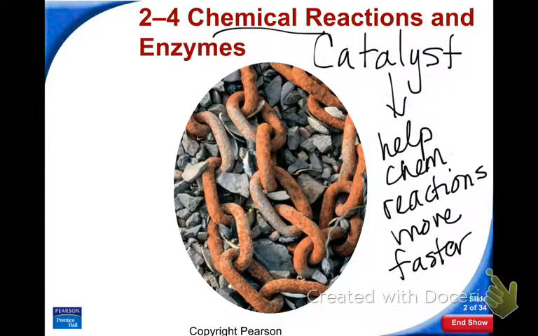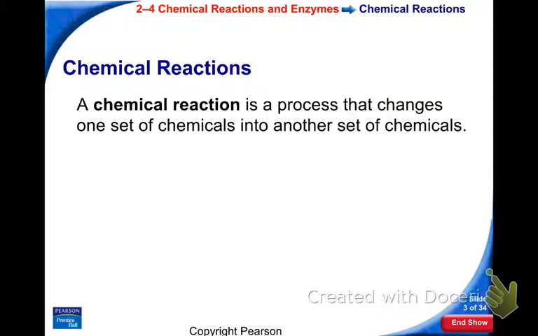So as we move on here, chemical reactions are processes where a set of chemicals are turned into another set of chemicals. And so what we're talking about is, we'll just use samples A plus B, okay, or I'm sorry, reactants.